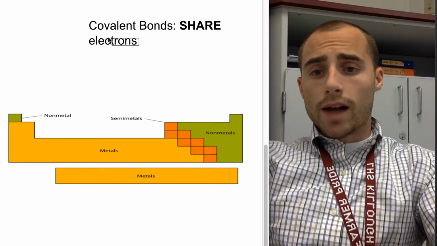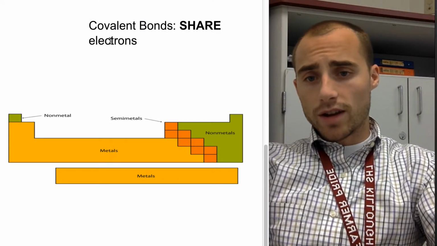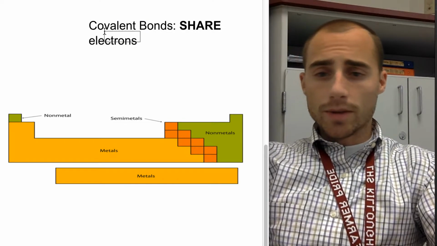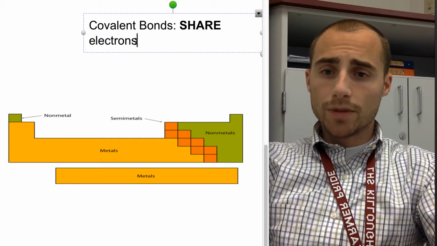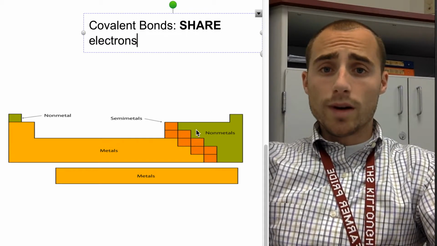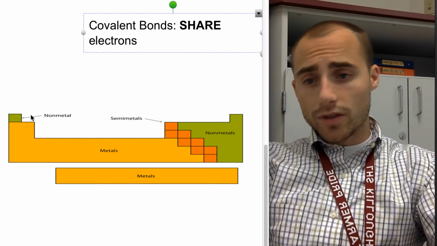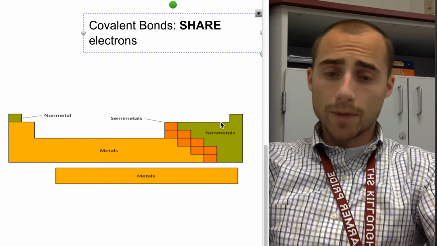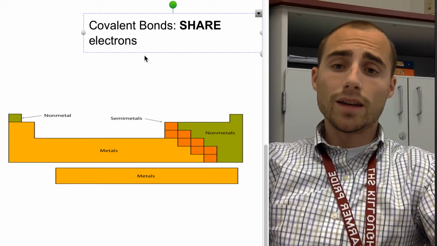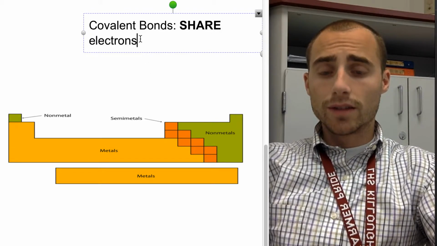Now, how we know how much they share is based on the element. We're not going to get too far into that today, but just remember that every element wants 8 valence electrons. So if oxygen is sharing with hydrogen, it wants to make sure that by sharing, it's going to reach its 8 valence electrons. So that's an important thing to remember.